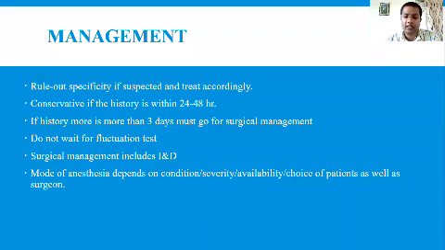Because in these three areas, if you wait for the fluctuation, then in trying to save things, you damage more tissue. If you wait until fluctuation is there and then drain the abscess, in the process of waiting, the growing abscess will damage more tissue.